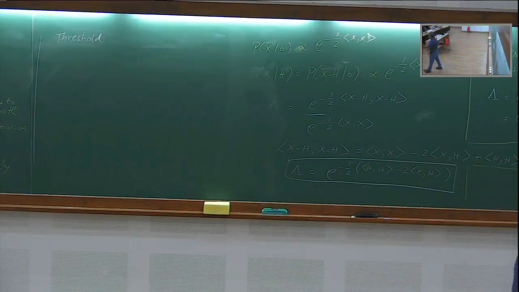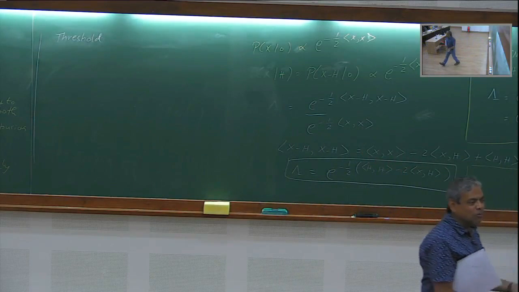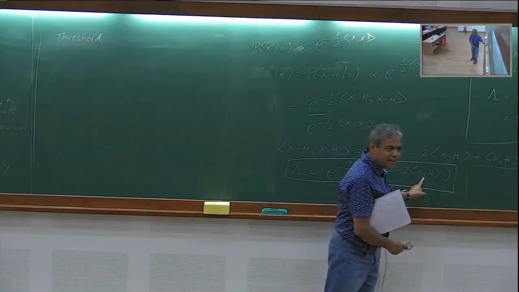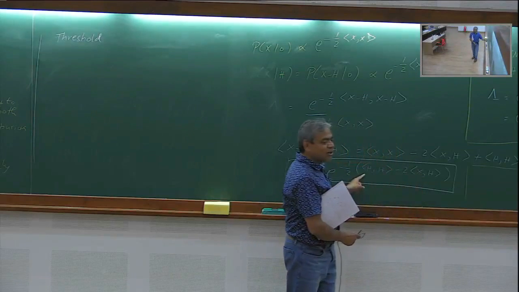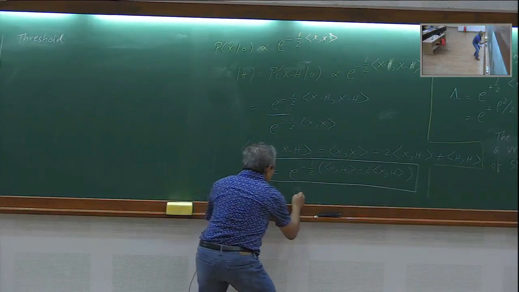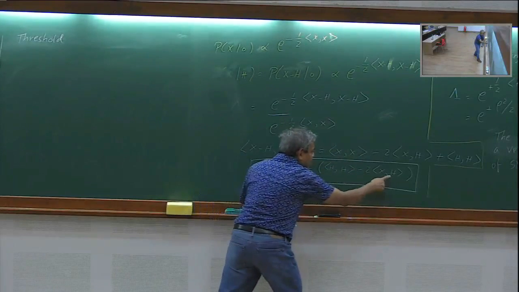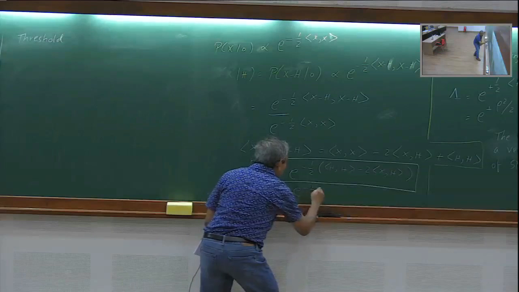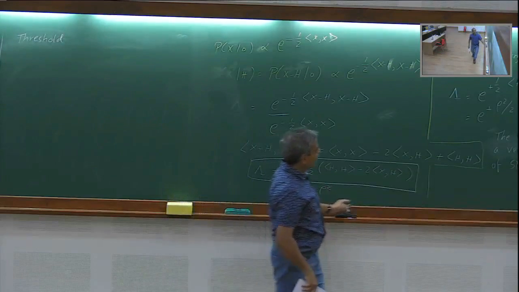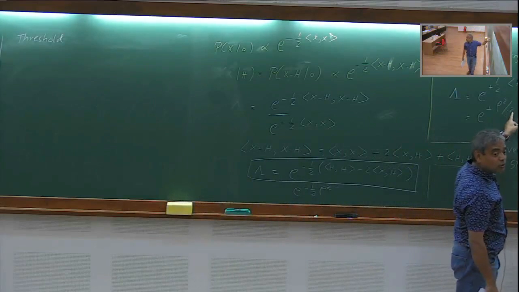It's a mouthful. Suppose you assume that the data contains a signal h, but it doesn't. Then the larger the signal to noise ratio you make, because this is the only term that survives when the signal is not present, this will be 0, and it will be minus rho square by 2. I told you that in the presence of the signal, it's e to the rho square by 2.